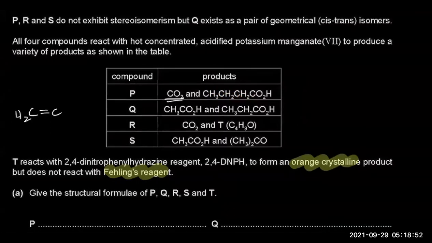That means it must be a CH, right? CH2CH and then a 4 carbon acid is formed, right? So we just have a straight chain CH2 CH2 CH2 CH3.